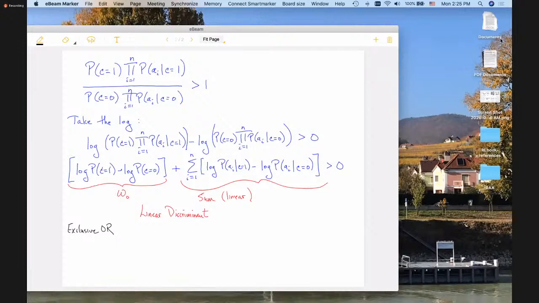Where if we have two variables, x1, x2, and this represents the function exclusive OR, then the truth table looks like this. All right.